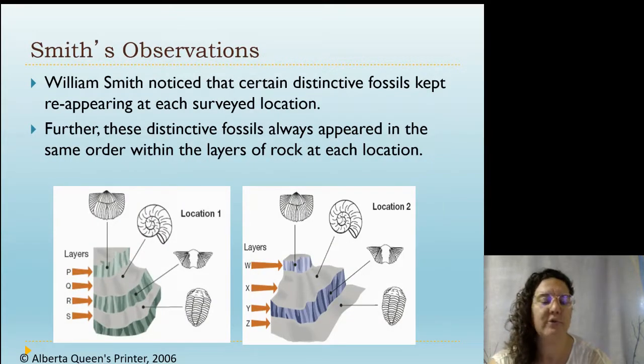So looking at relative aging and fossils, scientist William Smith observed that certain fossils kept reappearing at each surveyed location. There were some distinctive fossils that occurred at location 1 and location 2 in layers of rock, and these fossils always appeared in the same order within layers of rock.